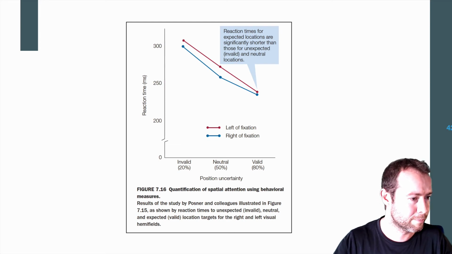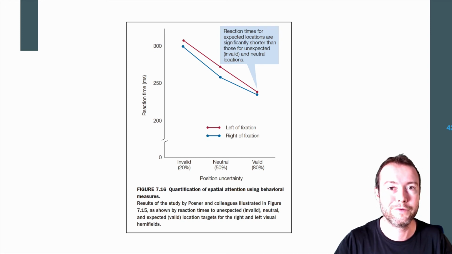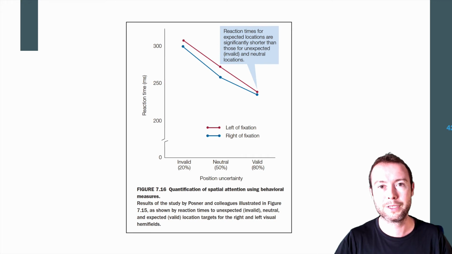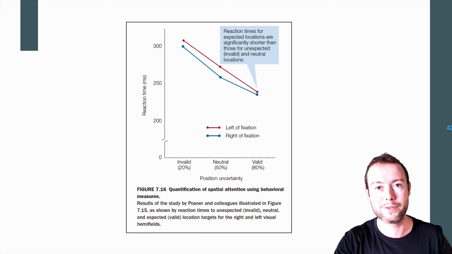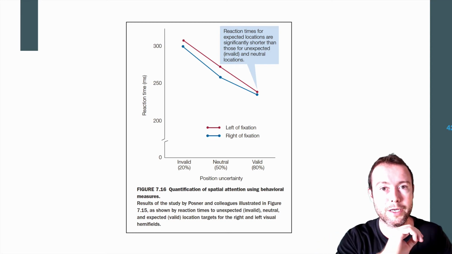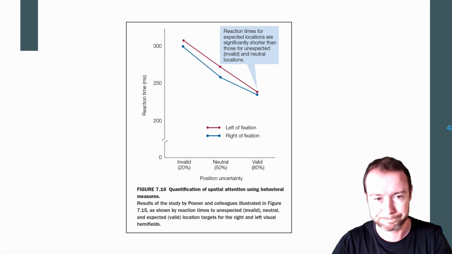But what's critical in here is that when the cues are valid, your response time is much quicker than when they were invalid, which suggests that that little cue has drawn your attention to either the correct location, or it's distracted you by drawing your attention to the inappropriate location.